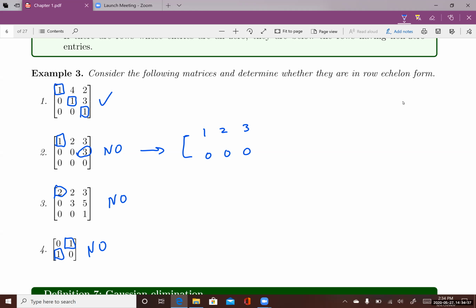We need to make 3 into 1, because in row echelon form, the first non-zero leading entry has to be 1. How can we make 3 become 1? We use one of the elementary row operations. We take row 2 divided by 3, because 3 divided by 3 is 1. So the new row 2 will be 0, 0, 1.